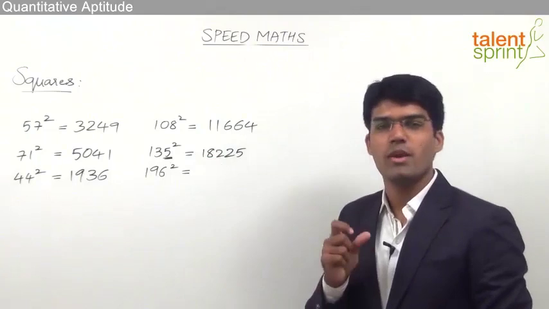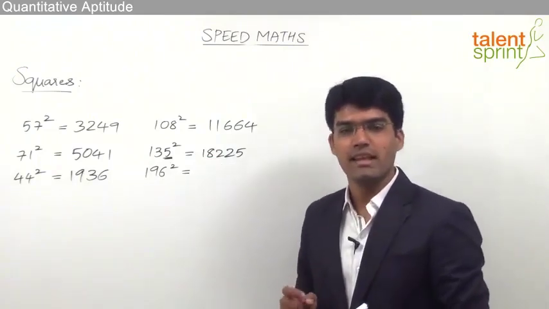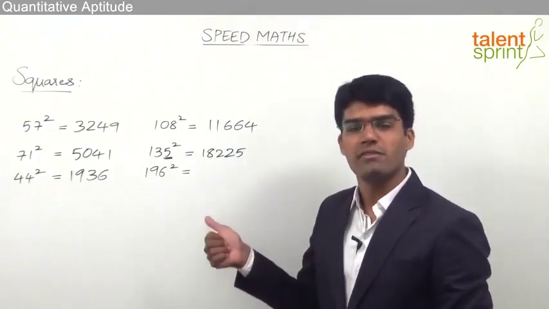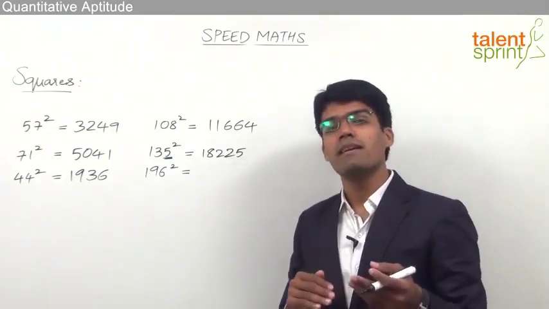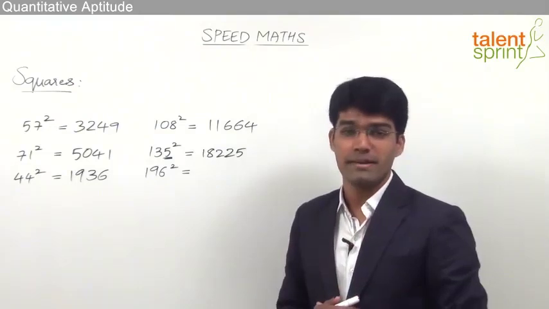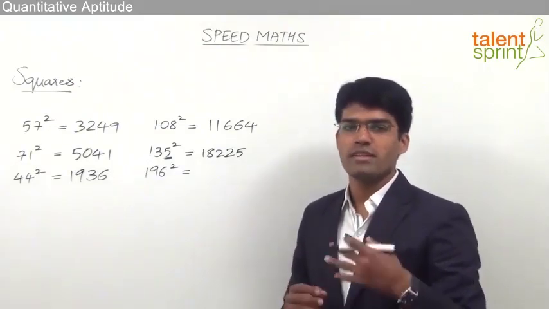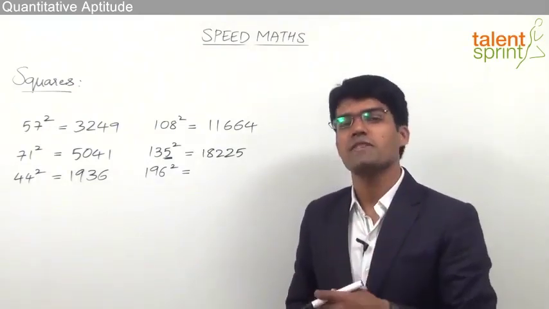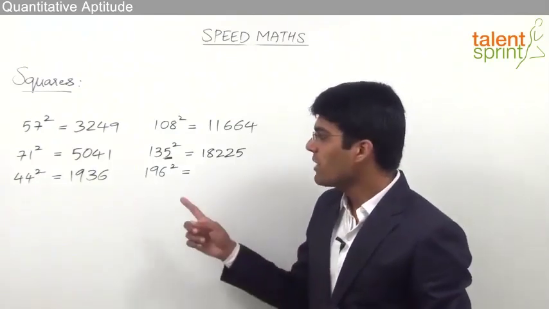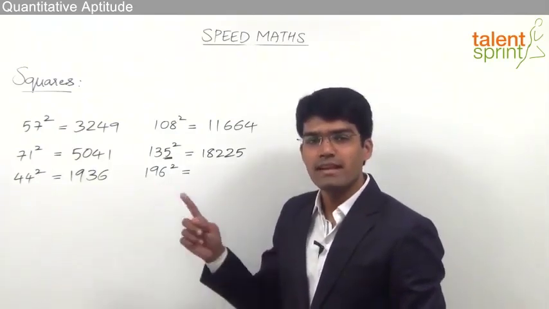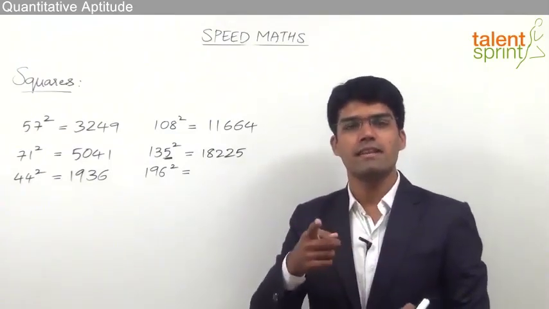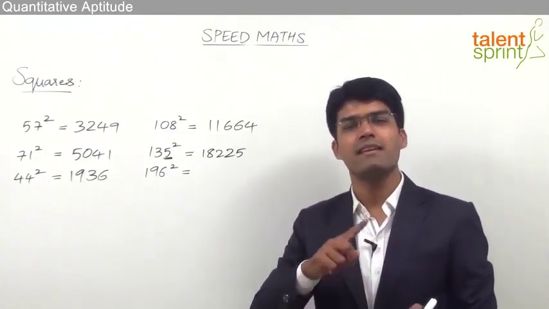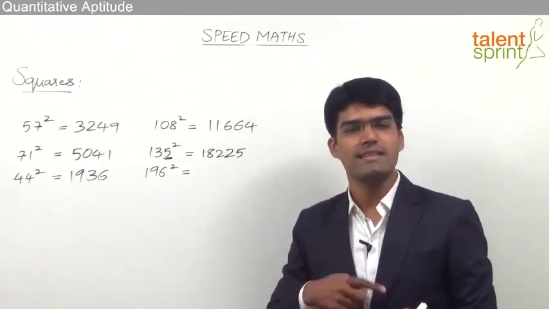And the last one, 196 square. Now 196 square is really a large number. But if you take the base as 200, finding the square becomes easy. So 196 should be taken as 200 minus 4 whole square. So 200 square will be the first term. 200 square is 40,000. Now remember, because we are taking the base as 200, x should be multiplied with 4. When the base is 50, we take x into 100. When the base is 100, we take 2x into 100. Base is 150, 3x into 100.